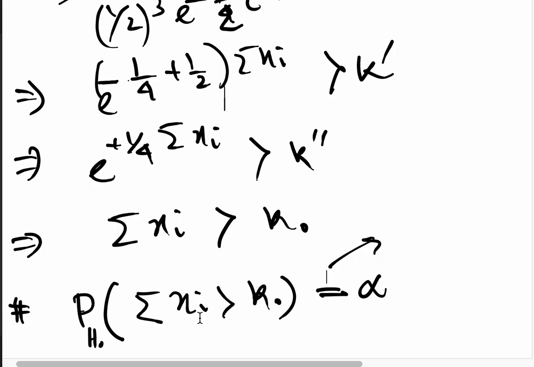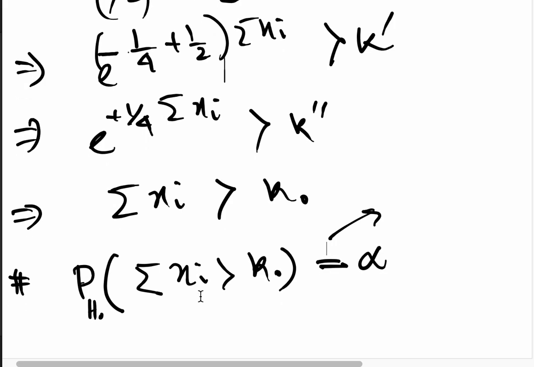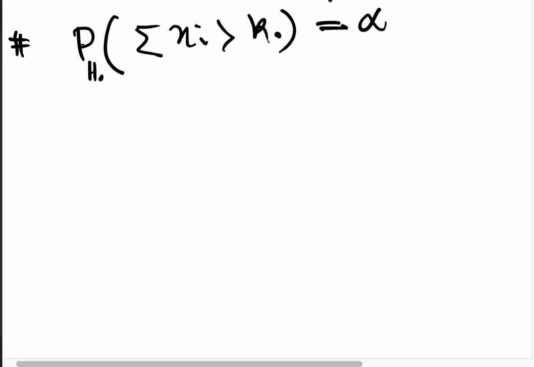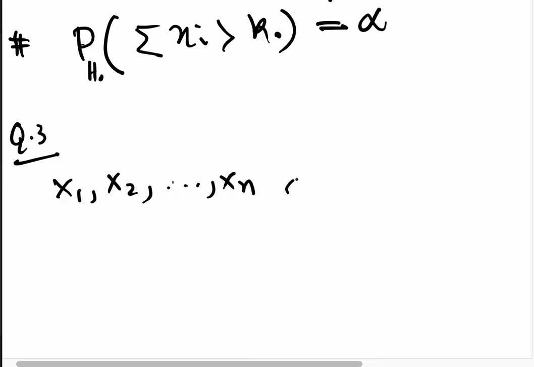Now let's go towards the second question, question number 3. X1, X2, up to Xn are IID, and each one follows a normal distribution with mean mu and standard deviation 1.